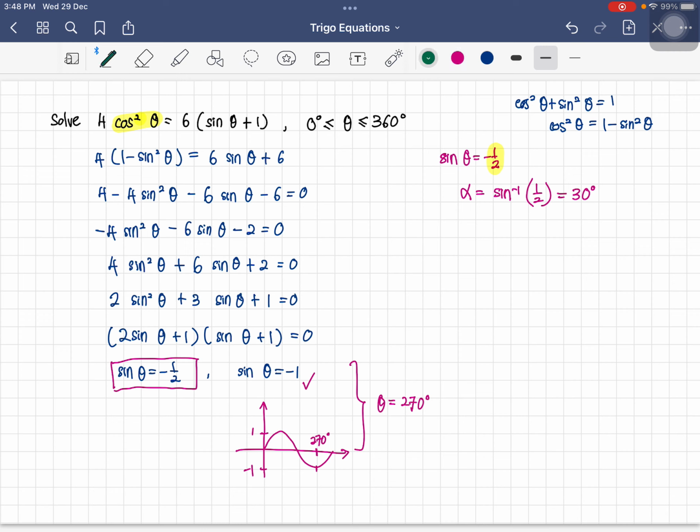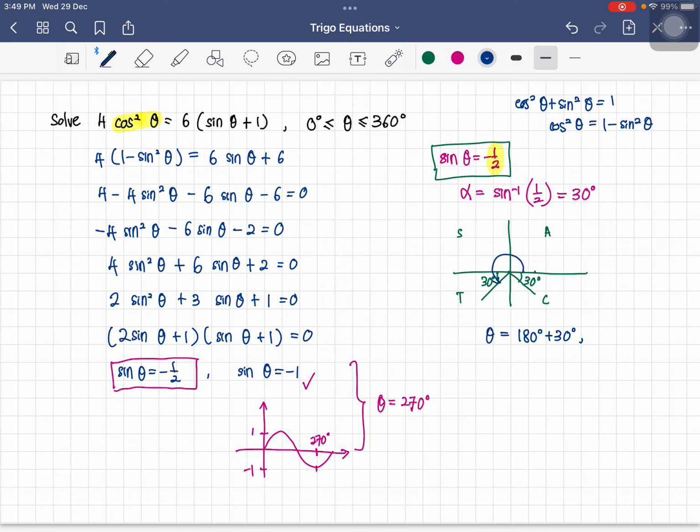The next step, always after finding your basic angle, is to plot on this ASTC graph. We want the solution where sine of theta is negative. On this part, sine is positive, so we want the part where sine is negative, of course on this part. So we get the basic angle here, 30, and another one here, 30. To find the value of theta, the solution starts from this to go to this one, so 180 plus 30.